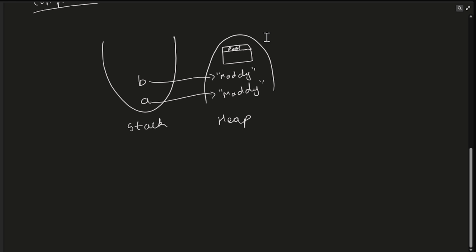Now, whenever you write an if condition comparing A and B using a comparator in Java, it will check whether both A and B reference variables are pointing to the same object or not. In this case, A is pointing to a different object and B is pointing to a different object. The output of this condition will be false.